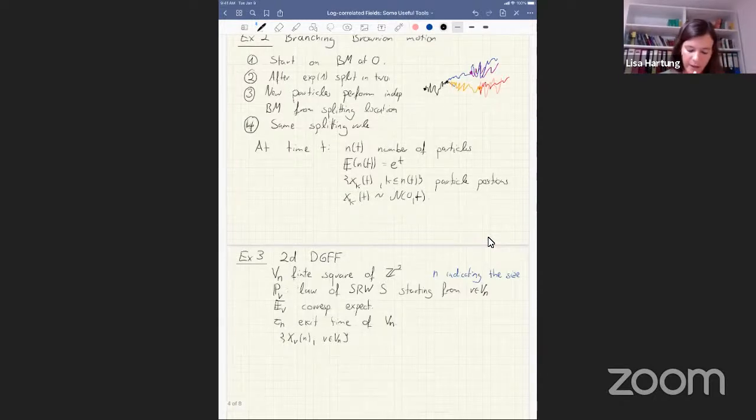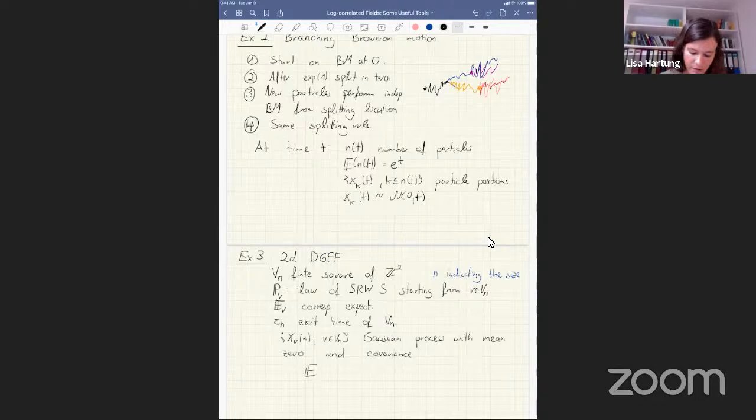So we look at x_v^n. It should be a Gaussian process with mean 0 and the covariance as follows.